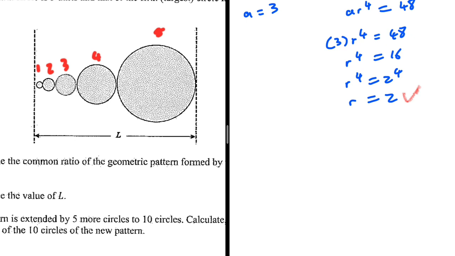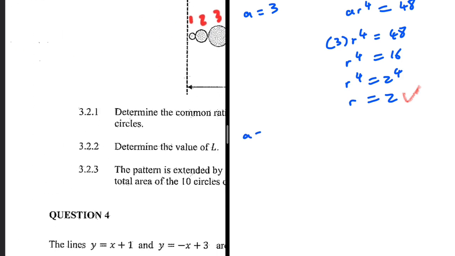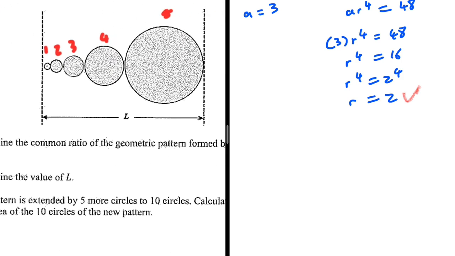Take a look at this. For 3.2.2, we know that a is equal to 3 and r is equal to 2. So we can calculate the sum with these two variables.